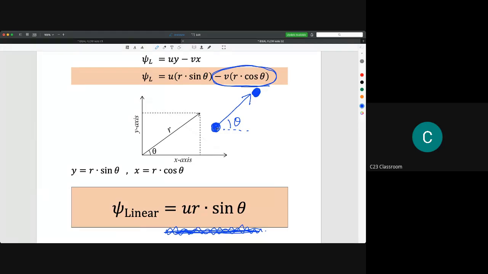Kemudian kita perlu ingat di dalam ideal flow, salah satu elemen yang penting ialah penentuan koordinat. So maknanya awak yang tentukan koordinat apa yang awak nak guna, sama ada koordinat Cartesian ataupun polar koordinat.